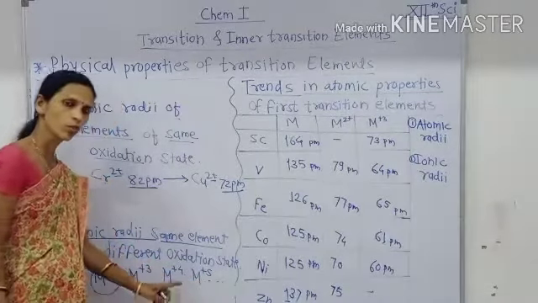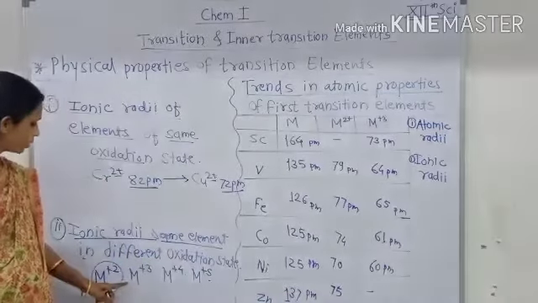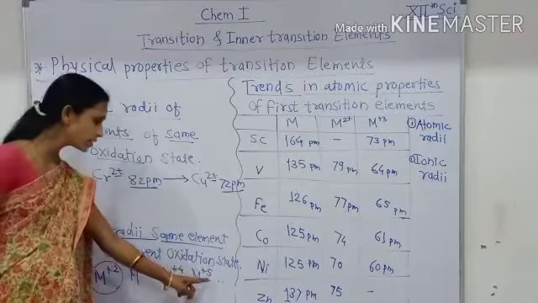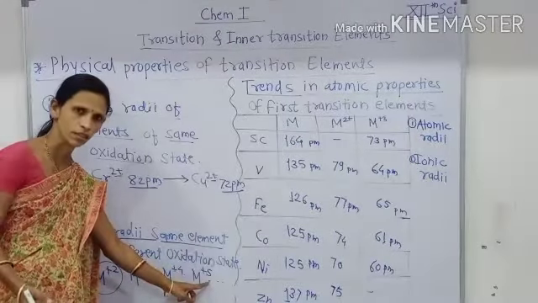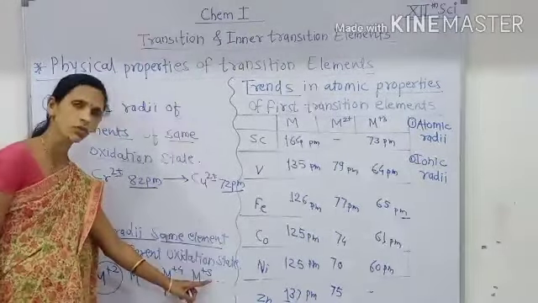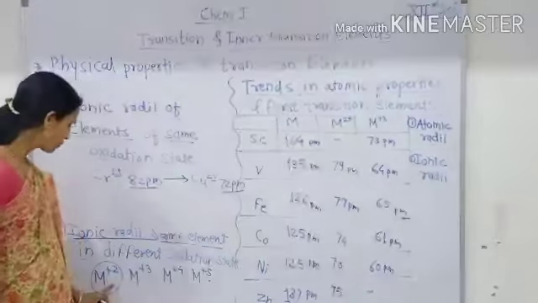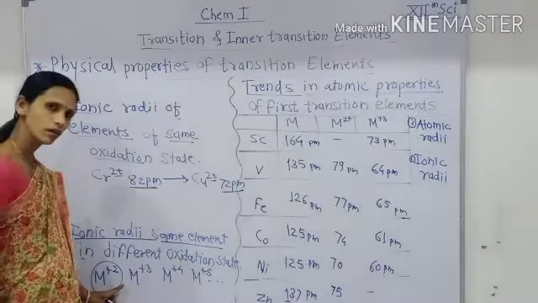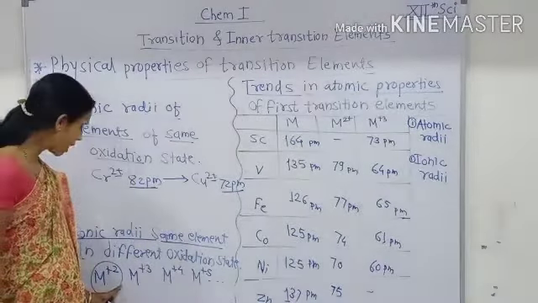It is also because effective nuclear charge increases as the oxidation state increases. The higher the oxidation state, the higher the effective nuclear charge. Therefore, ionic radii decrease from the lower oxidation state ion to the higher oxidation state ion.